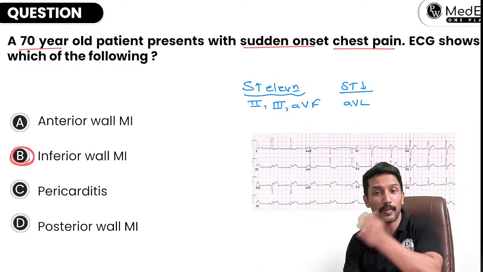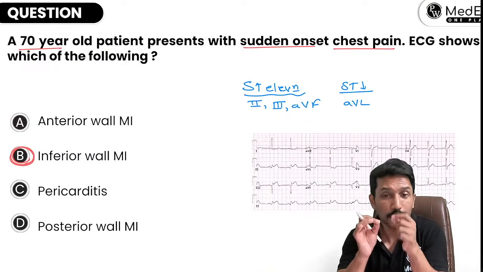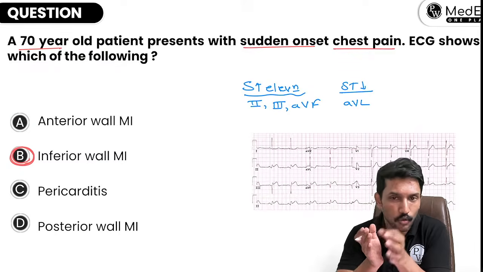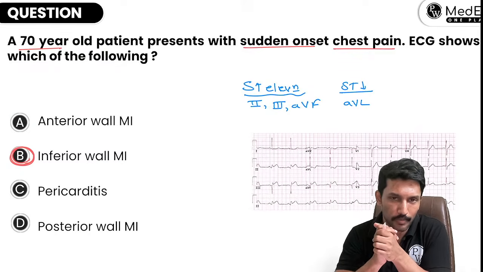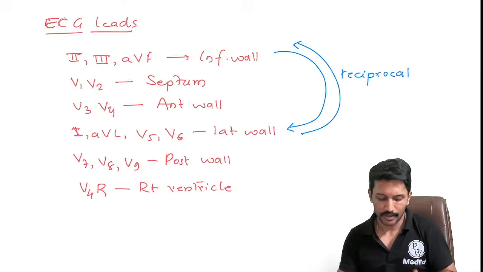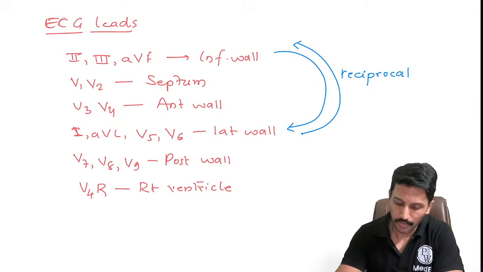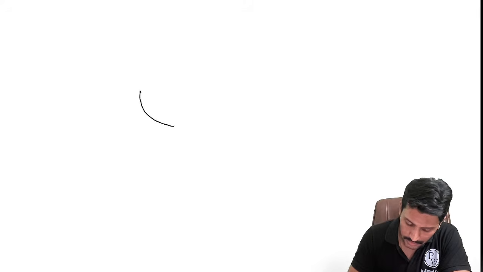Now the question can be built above this, asking you which particular artery may be involved to cause this particular type of MI. So we should have some fair idea about the blood supply of different walls. The heart is held in the mediastinum in a slanted way.